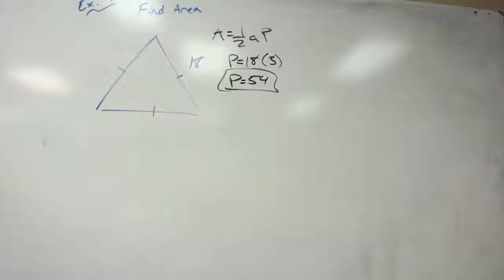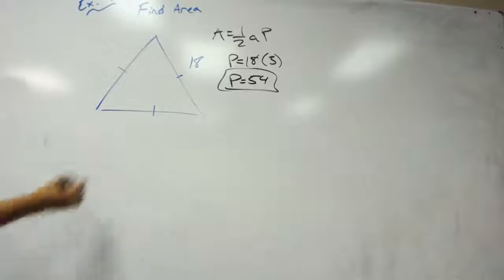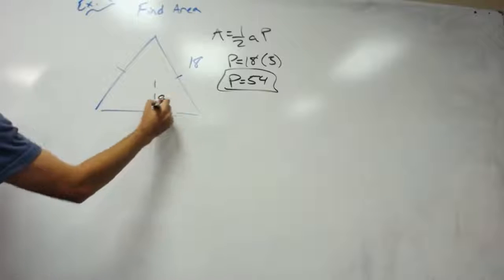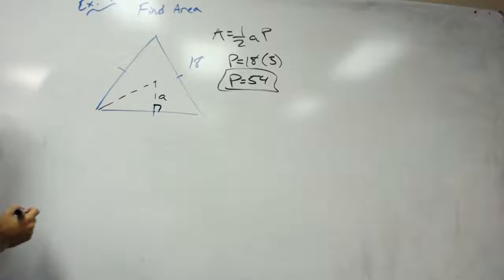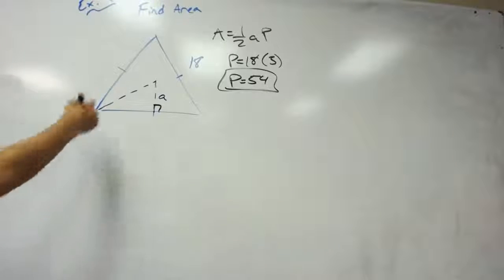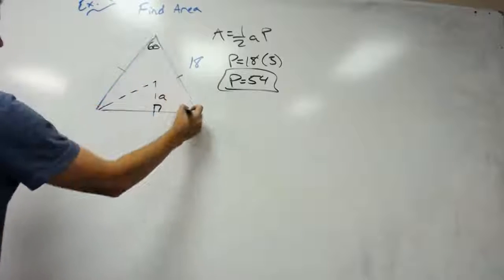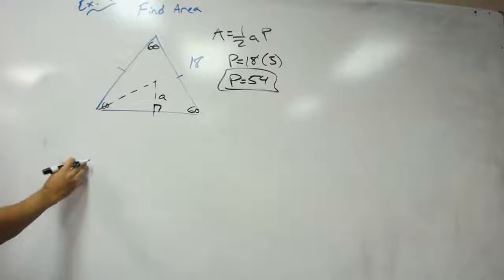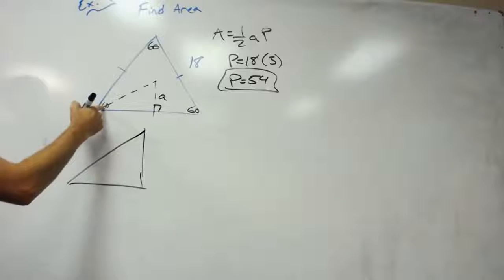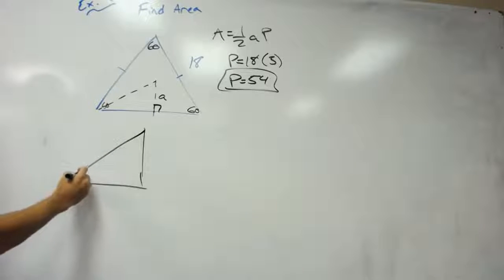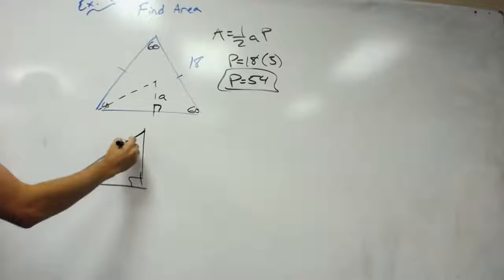Just like the last one, how we created a little triangle, we're going to do the same thing here to figure out our apothem. Because here's our apothem, a right angle, and I'm going to create it with this triangle. Hopefully you know that in an equilateral triangle, all angles are 60. So I cut this triangle in half, and if I cut this 60 degrees in half, it is now 30. This is 90, that is 60.